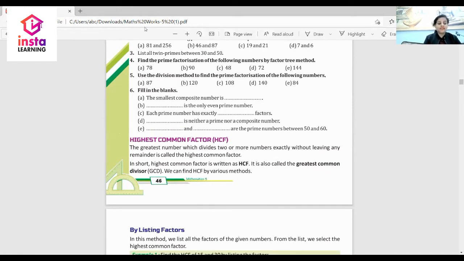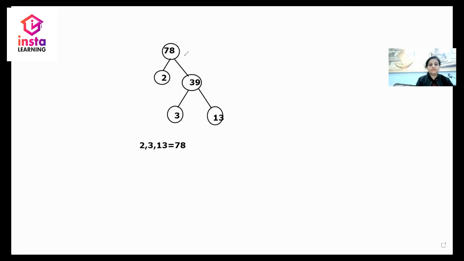Now use the division method to find the prime factorization of the following. So we will do 87. One I will do for you, and you will do all the others. Here I am writing 87. This is called the division method, also the long method, but you will do it according to the question asked. 87 can be divided by 3.